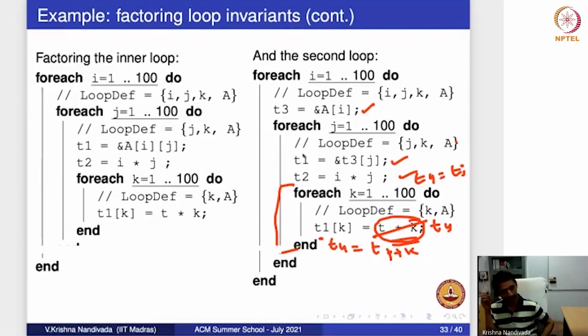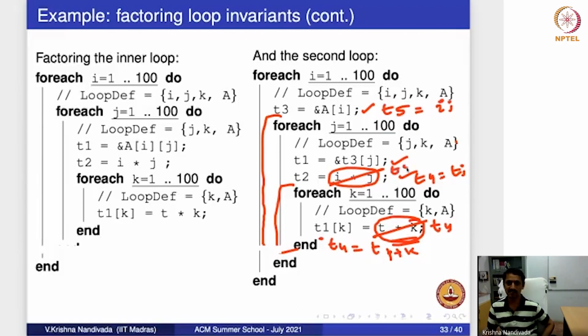Similarly, do you see any other thing I can do in this loop? The I is constant. The I times j, even this can go out. I can make here T5 equal to I. Replace this with T5.